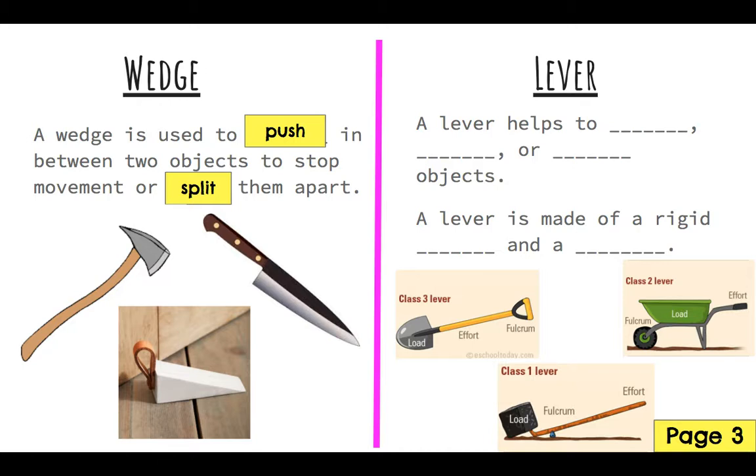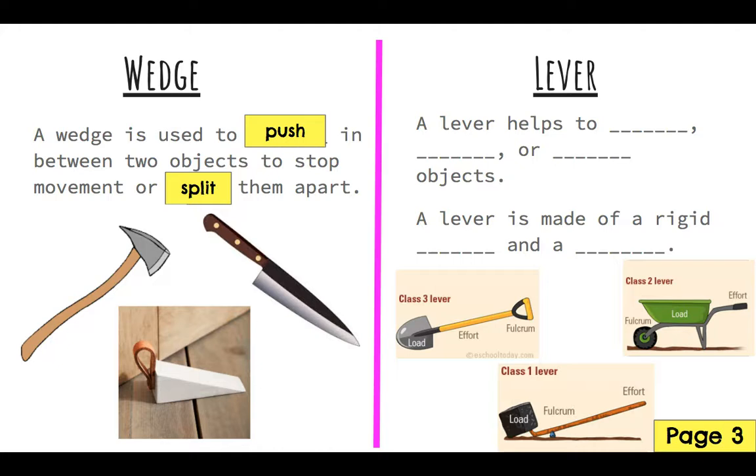That's the axe and the knife, okay? And then the door stop acts as a wedge to actually stop the door from moving. It actually fills the space up between the door and the floor so that it can't move. So wedges can be used either way. So that's the wedge. Now let's go over to the lever.